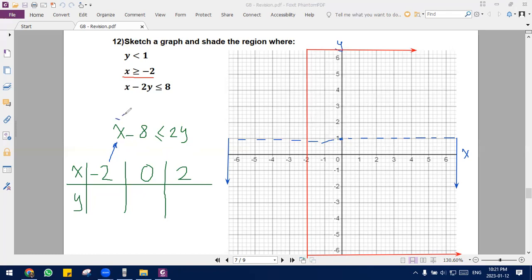So minus 2 minus 8 will give me, on this side, minus 10. Now, 2y is equal to minus 10. I don't need 2y, I need only y. I need the value of 1y, so we need to divide by 2. So minus 10 divided by 2 will give me minus 5.